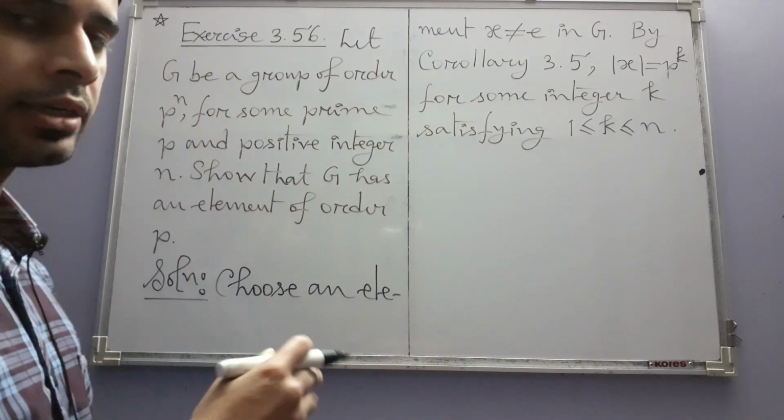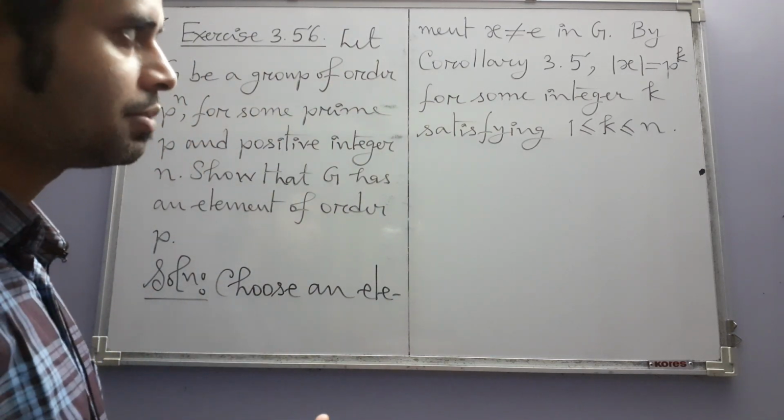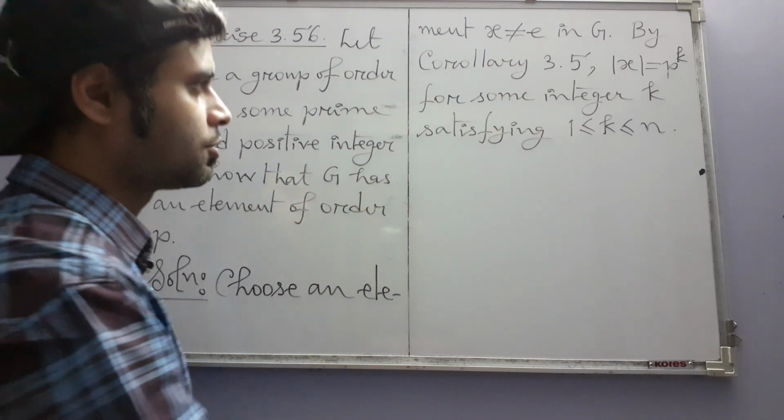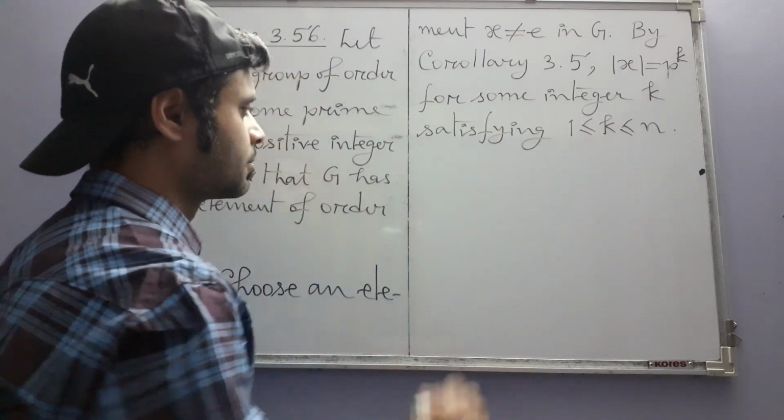Okay, k cannot exceed n, of course. If that happens, then p to the power k would not divide p to the power n. So we need this restriction.